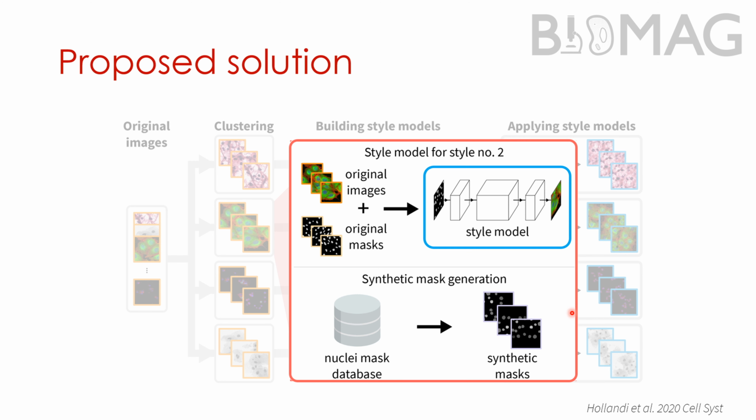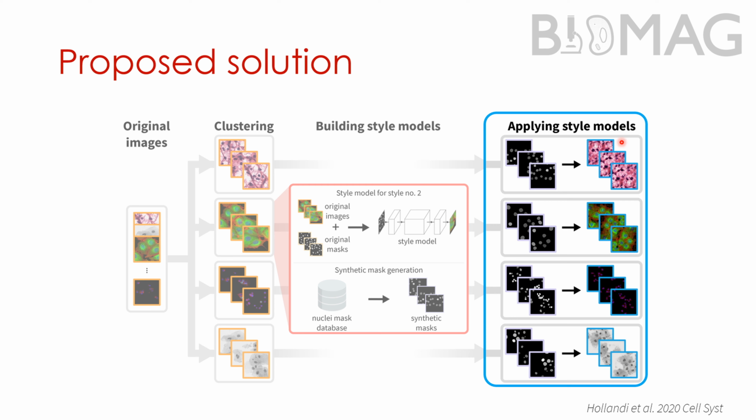So for each cluster, we have a trained style model, and we have new synthetic masks. So now we only need to apply the model on these masks to generate the artificial microscopy images, as you can see here.